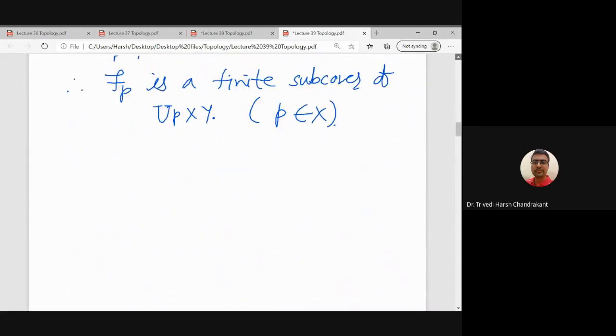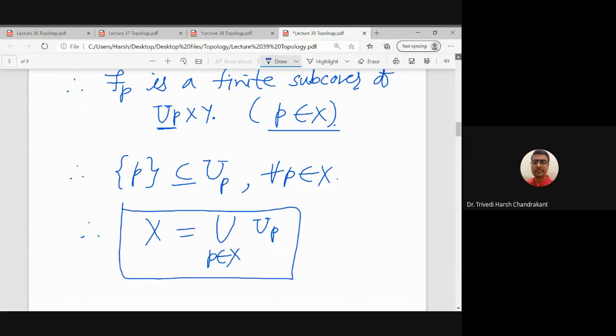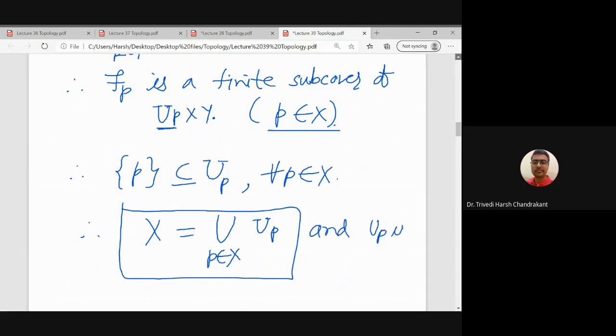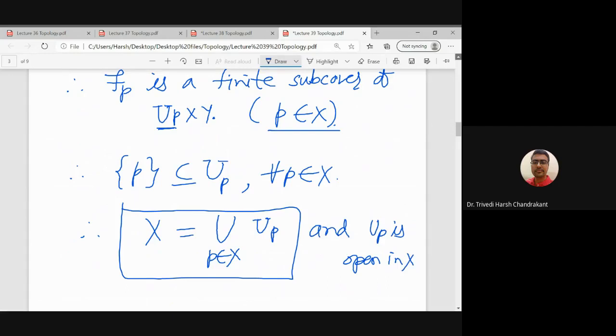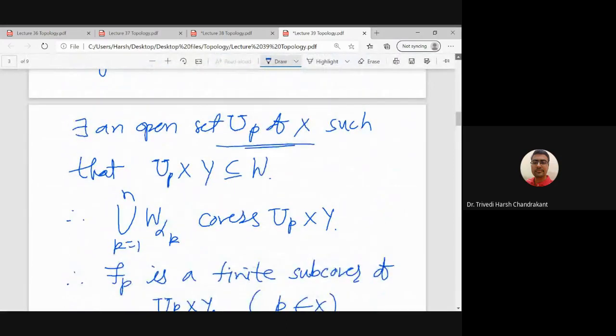So for every point P, there exists a family FP, which is a collection of finitely many sets from the family C, and this family is a finite cover of UP cross Y. And for every P we are getting UP, which is an open set in X. So therefore, singleton P is a subset of UP for all P belongs to X, and this will give us that X I can write as a union of UP for each P belongs to X. So basically I got an open cover of X, where UP is open in X, right? We already know, we have written somewhere, that UP is an open subset of X. That is coming from the tube lemma. It is an open set.